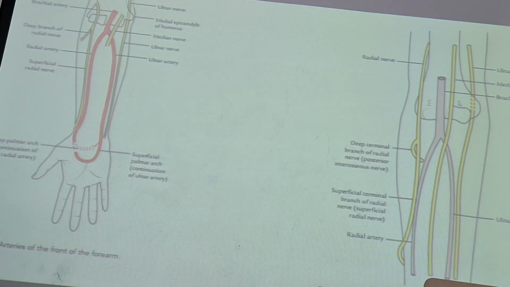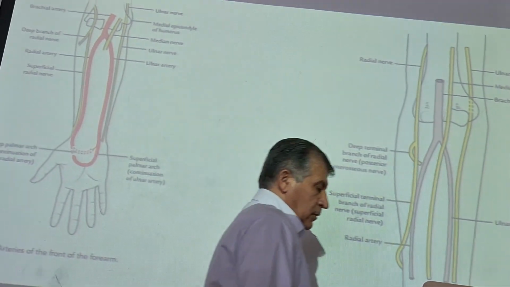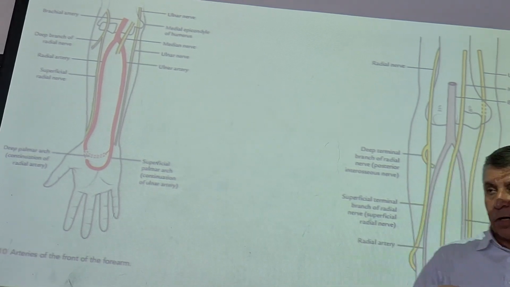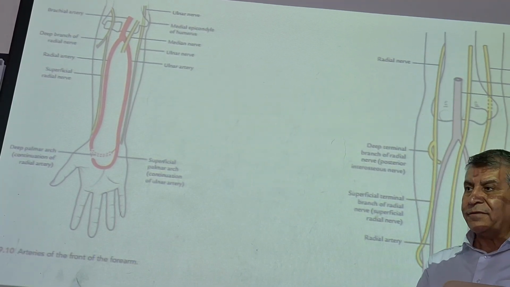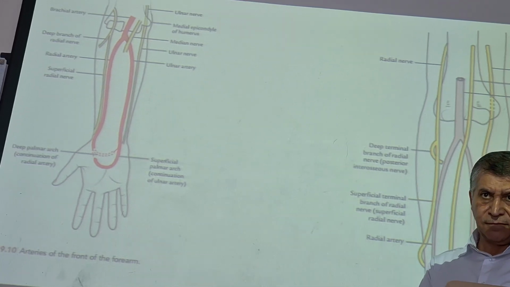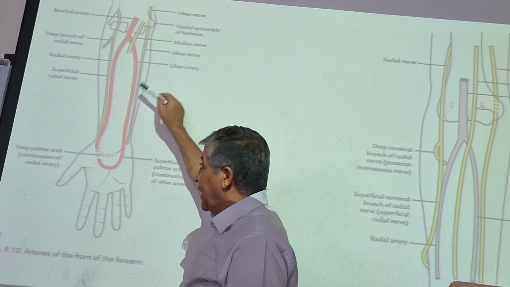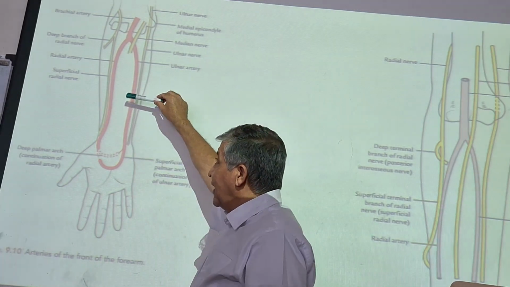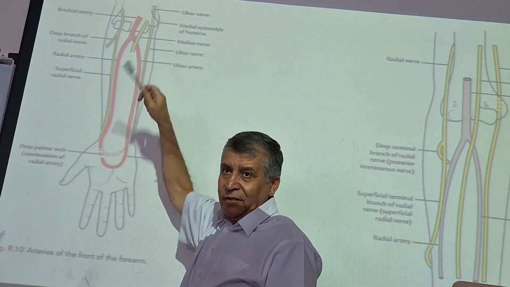In the mid-forearm of the anterior compartment, there are 2 arteries and 3 nerves. Laterally, you can see the radial nerve and radial artery.